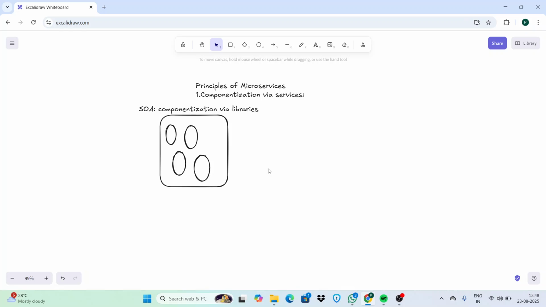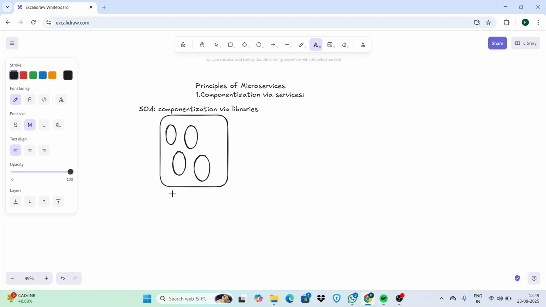So in componentization via libraries, we break the system into a number of libraries, but they still run inside one single process. It has only one process to run on.